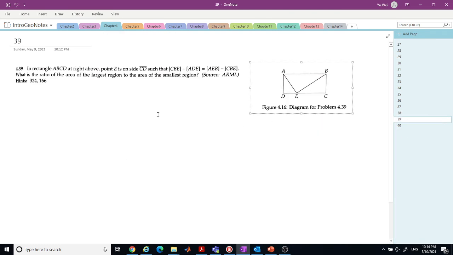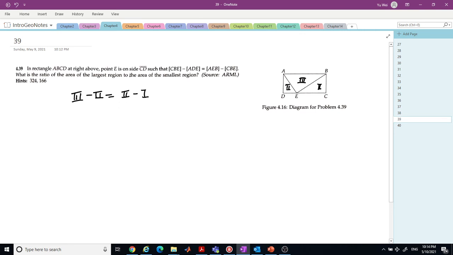Next. On the right we have a rectangle. We know CBE is region 1, ADE is region 2, and AEB is region 3. So we know 3 minus 2 equals 2 minus 1.